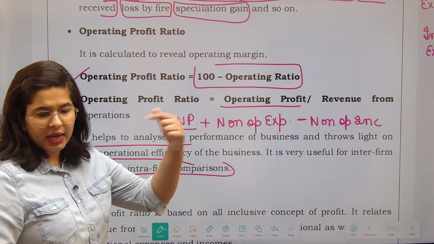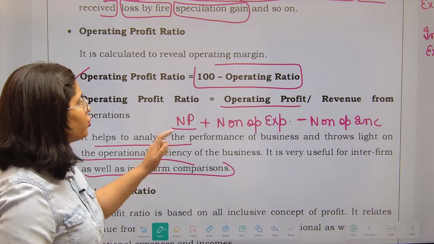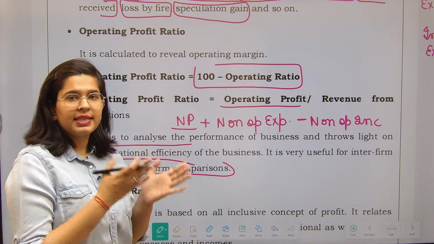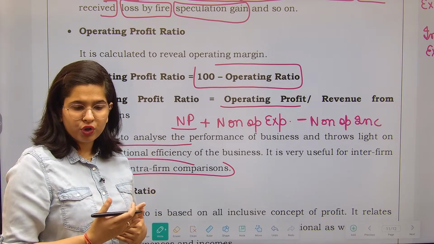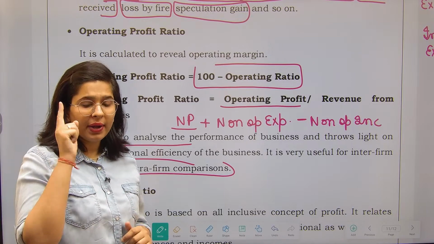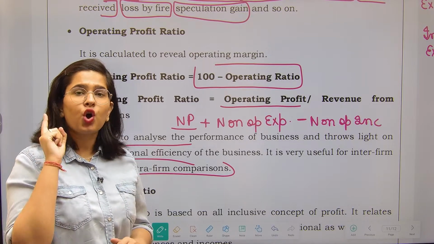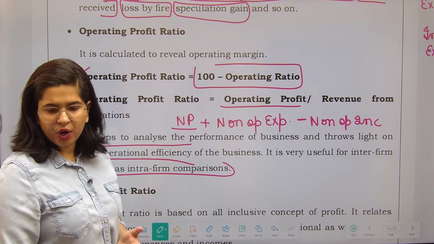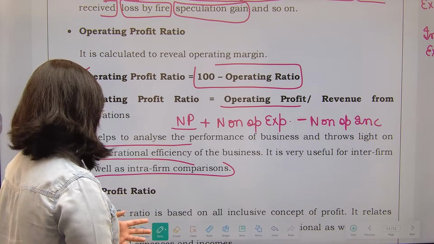This is going to give me my operating profit. Apart from that, sales less cost of goods sold less operating expenses, add operating incomes will give you your operating profit. But we do not have to go into that much depth.